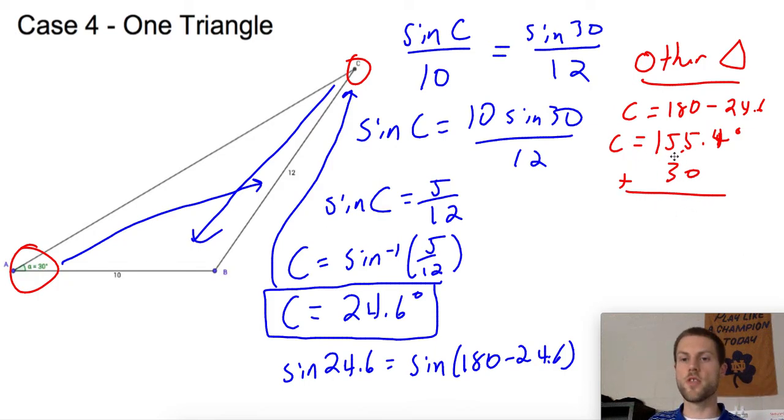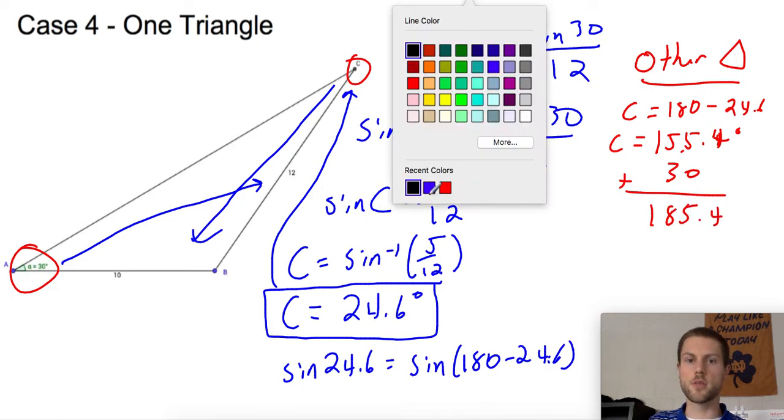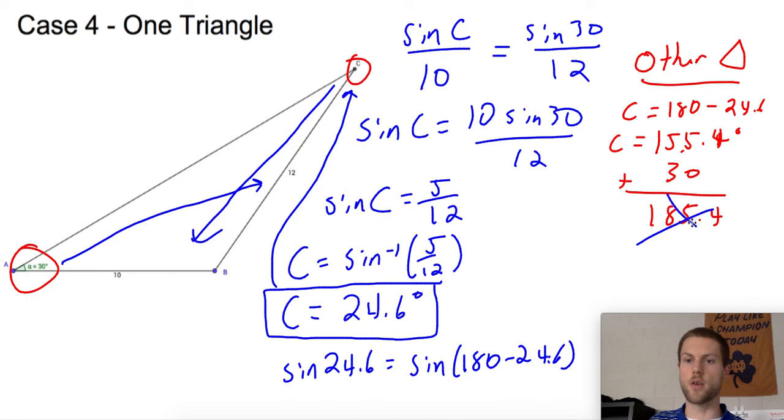If I do that with this other possible triangle, I get an angle of 185.4, and right away this tells me this is not going to be a possible angle for this triangle. It breaks the triangle. It no longer is a triangle. The sum of my three angles needs to equal 180 degrees, and because I've already surpassed that with just two angles, this can't be a triangle.